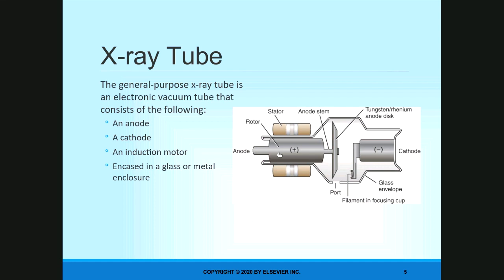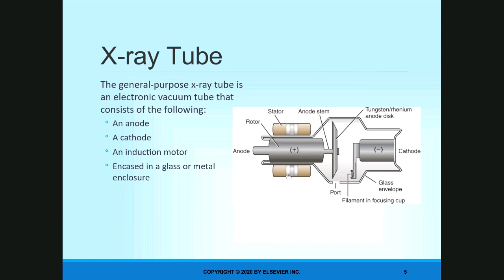And typically the rotor is inside the glass envelope, but the stators are actually outside the glass envelope. So the rotor portion of the induction motor is inside. You can see how the glass comes through like this, both sides. So the rotor's inside, the stators are actually outside the glass envelope.